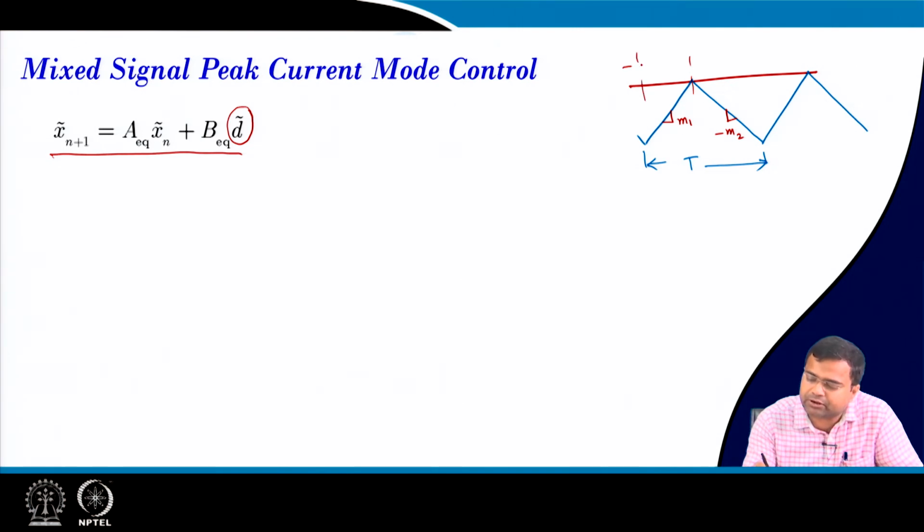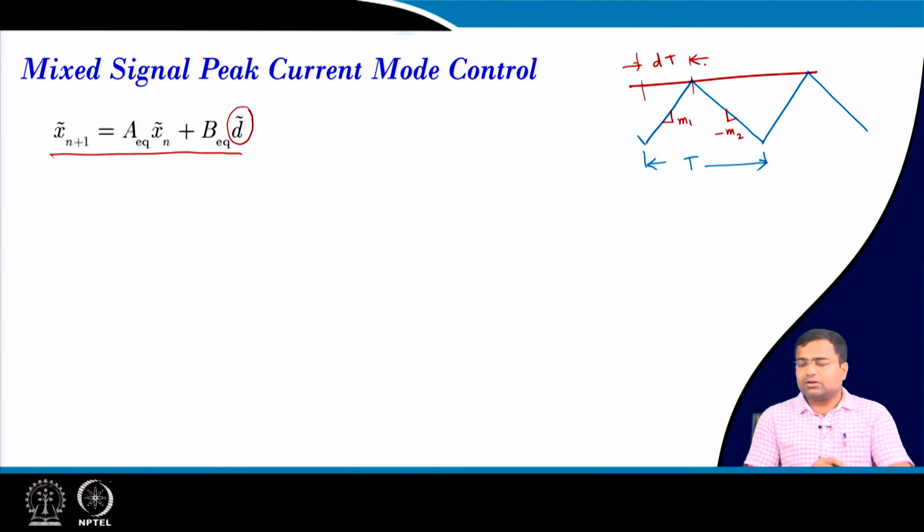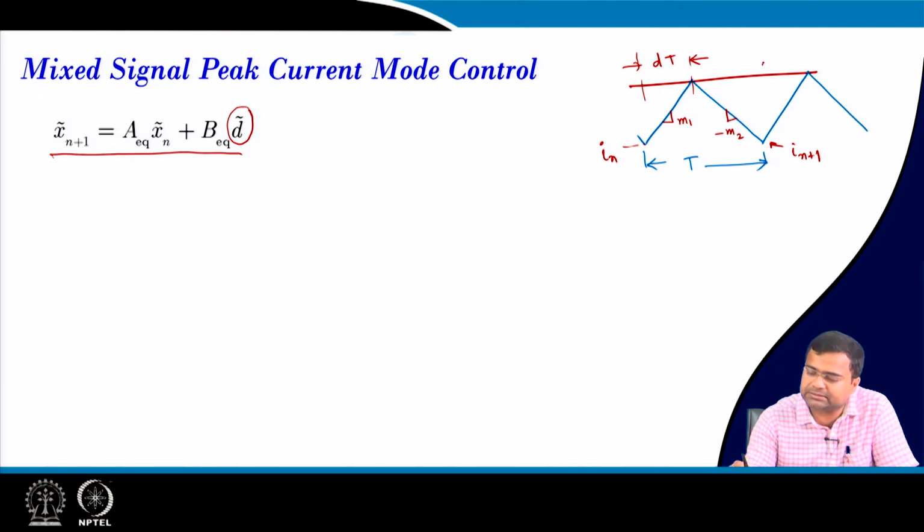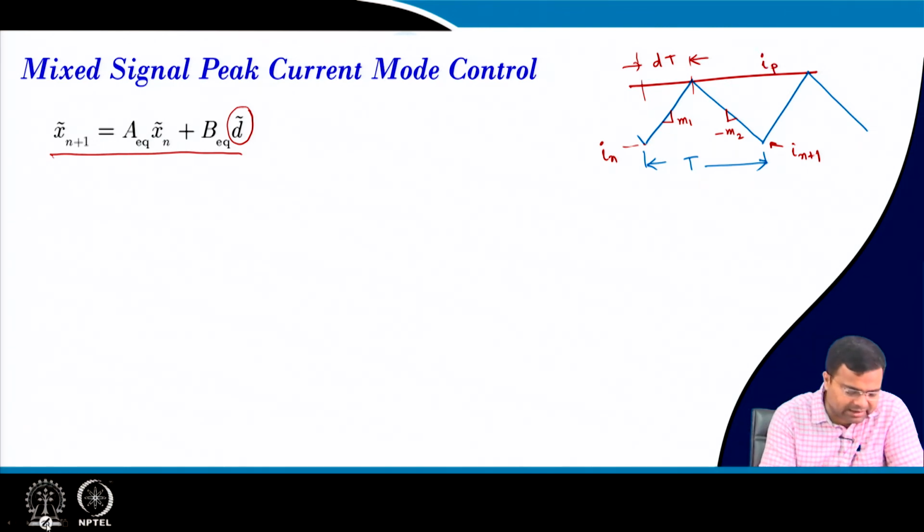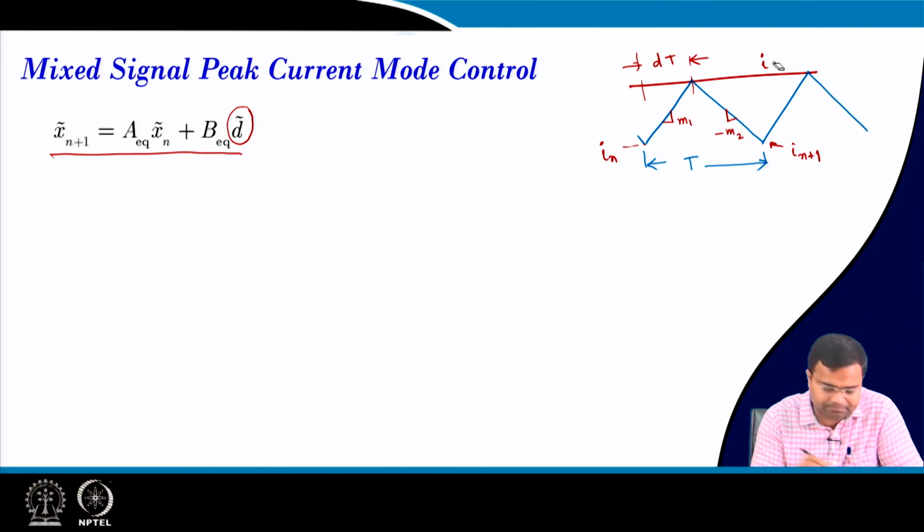So, this is our dT, and if this current is my In at the beginning of this cycle and this is my In plus 1, and this is my peak current, or here you can write the reference current. I will say it is the reference current.